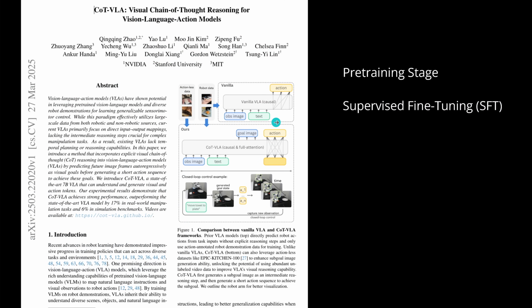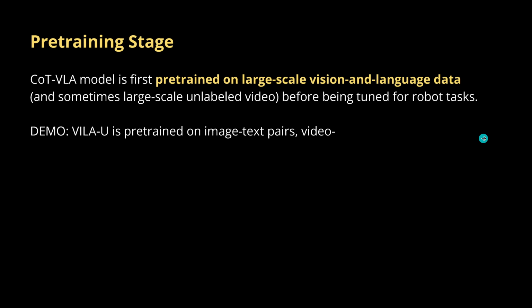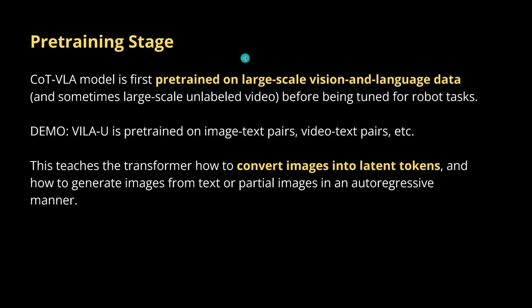Yeah, for the model, I just wanted to show you, they have here, as I told you, 2 stages. They have a pre-training stage and a supervised fine-tuning stage here. And just as you expected, the pre-training stage is pre-trained on a large-scale vision and language data before being tuned on the pure robotic task. So we use here a model, I'm going to show you this in 10 seconds. It's pre-trained on image text pairs, on video text pairs.